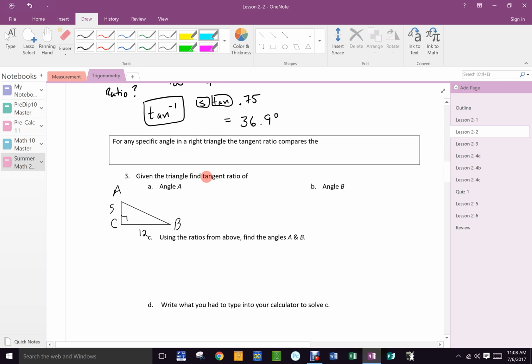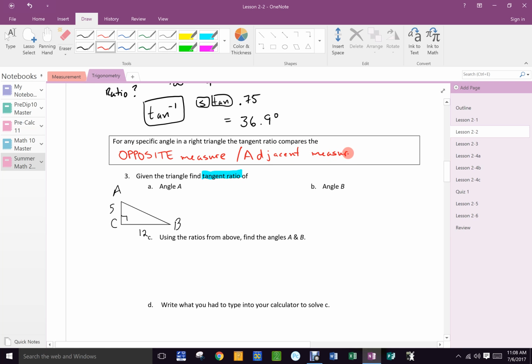Given the triangle, find the tangent ratio. Oh, I'm sorry, we've got to fill in this box, but you already know it. The tangent ratio compares the opposite measurement to the adjacent measurement.